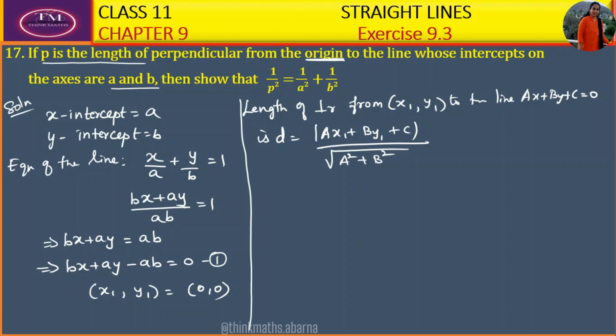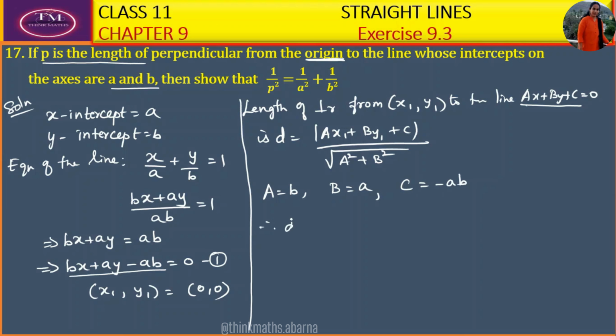This is the perpendicular distance formula. So comparing these two equations, we have capital A equal to small b, capital B equal to small a, and capital C equal to minus ab.